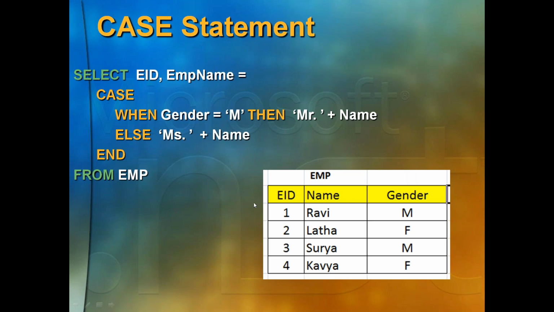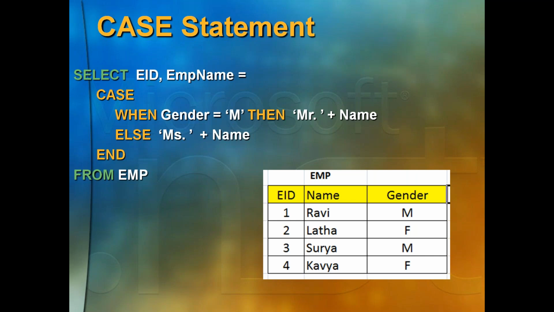So if people ask you, this is my table and I want Mr. Ravi, Mr. Vicky, Mr. John, Miss Mary, something like that, how do you create the query? You can tell them we can write the case statement syntax only.